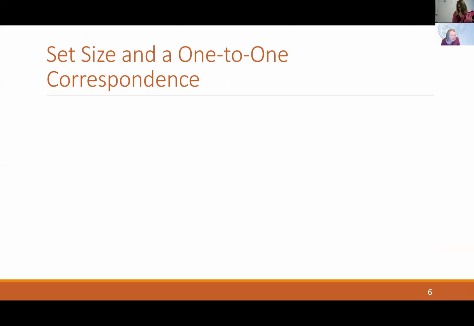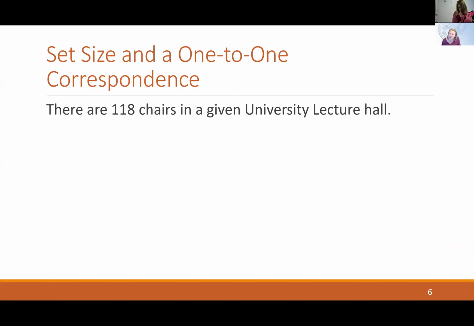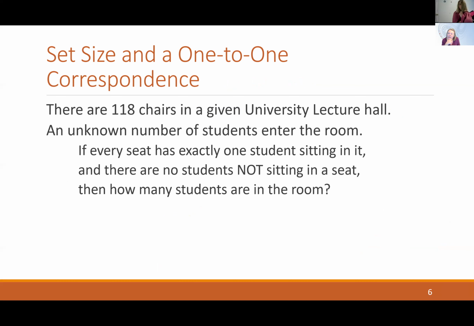So now let's talk a little bit about set size and the idea of a one-to-one correspondence. There are 118 chairs in a given university lecture hall. An unknown number of students enter the room.